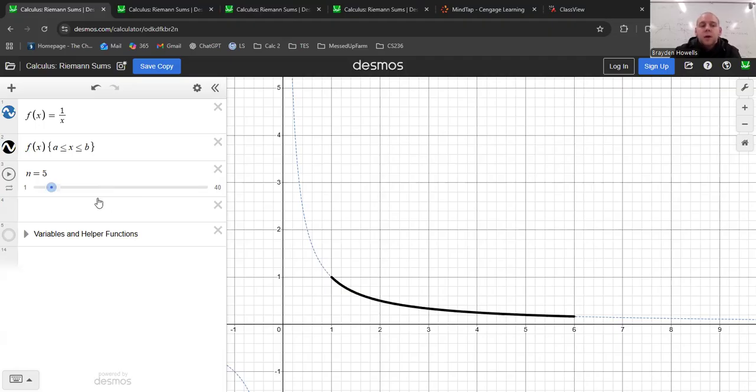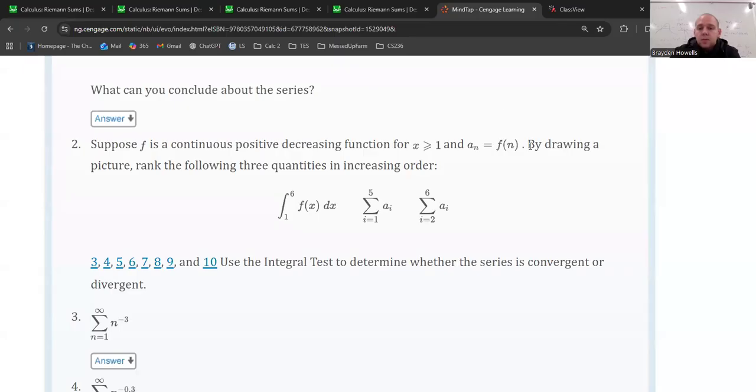Now, Desmos has this cool feature where we can draw rectangles. The reason I'm drawing rectangles is because the problem asks us to draw a picture. Now, this integral here from 1 to 6 represents the area under a curve. These are both series, and they don't necessarily represent area.